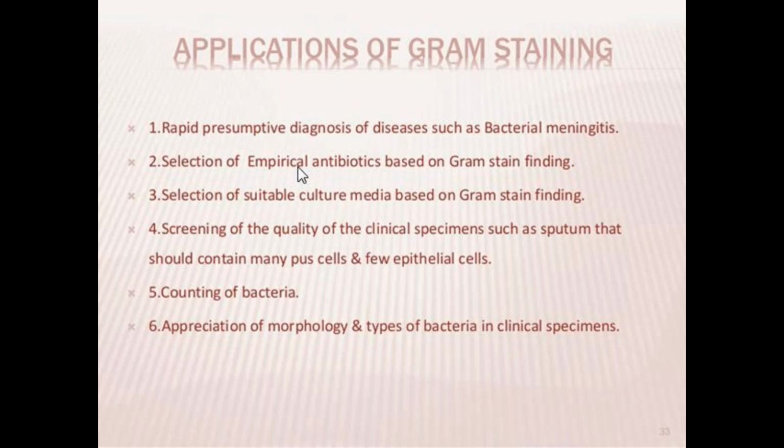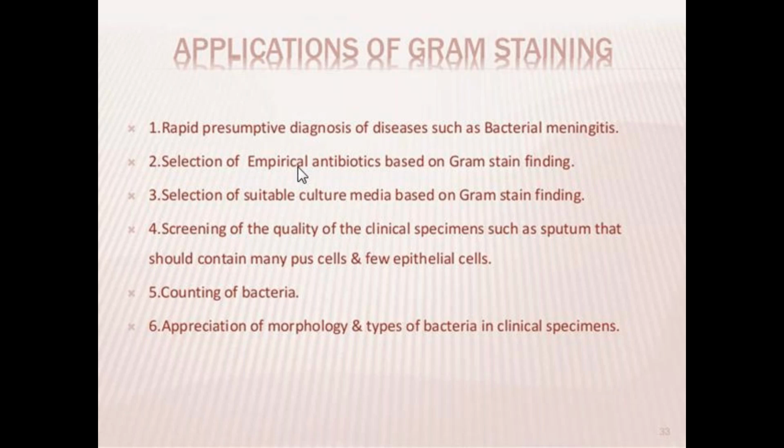Okay, the media and subculturing process are to be done, but the staining procedure is done first for the identification of the particular microorganisms. Also it is used for the screening of different clinical samples containing different types of tissue cells, pus cells, and epithelial cells, and these are screened by using the gram stain.